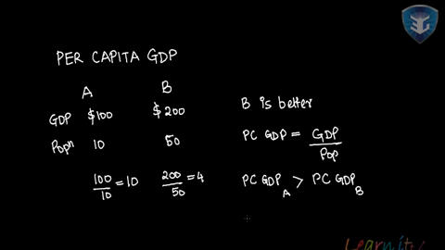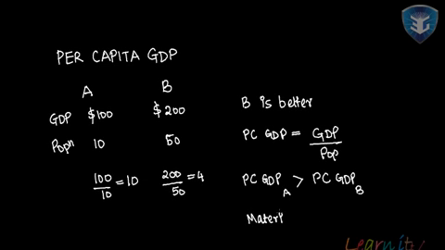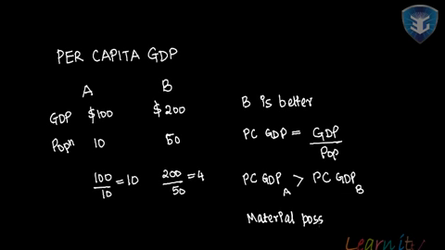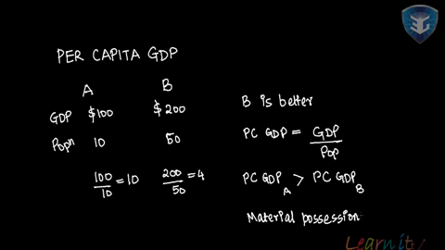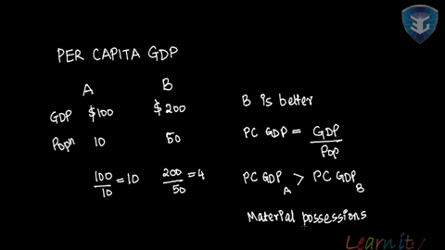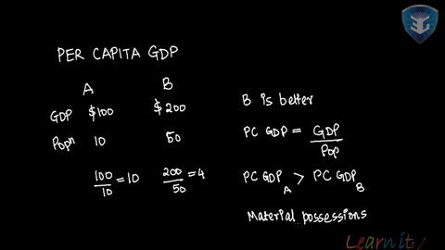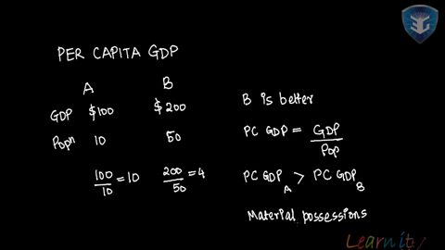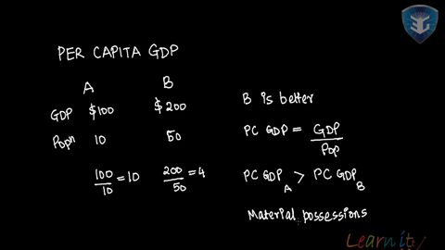See, per capita GDP is telling you how much material possessions you can have. So a country with a higher per capita GDP is likely to have more material possessions and hence more happiness. So you should not stop only at GDP, because GDP is just giving you an aggregate picture. It is not giving you anything else. So you have to move beyond GDP measures.